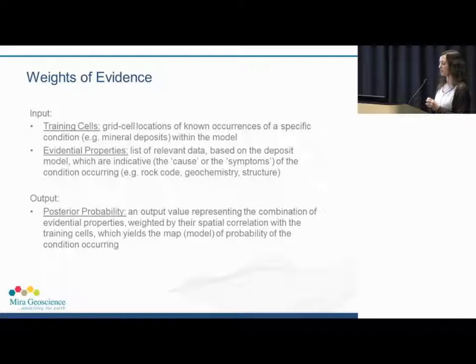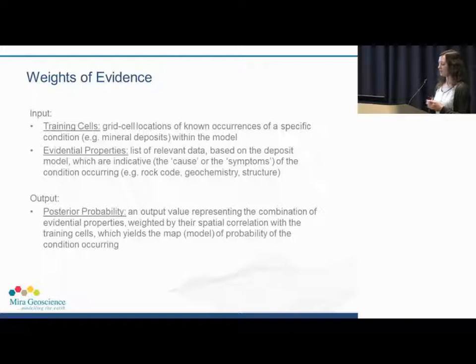So it's a list of relevant data based on the deposit model, which are indicative, the cause or the symptoms of that condition occurring. So rock code, geochemistry, structure. And the output of weights of evidence analysis is a posterior probability. And that value represents the combination of evidential properties weighted by their spatial correlation to training cells.